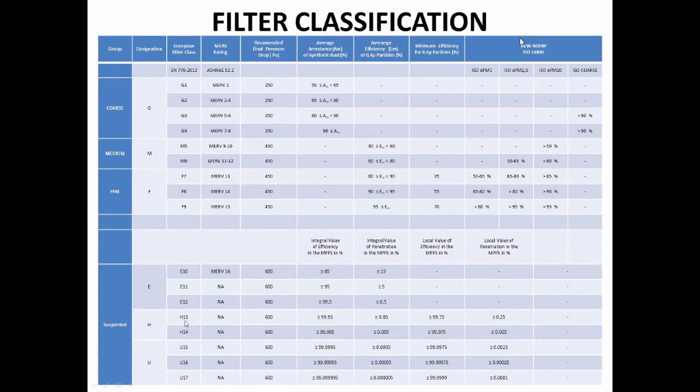And at the bottom, you can see the HEPA and ULPA filters, efficiency, integral value of efficiency, integral value of the penetration, which is also in our catalog, which helps us to understand the efficiency rate for each class. So whenever you ask me about this efficiency or this class, I will understand what you need easily.